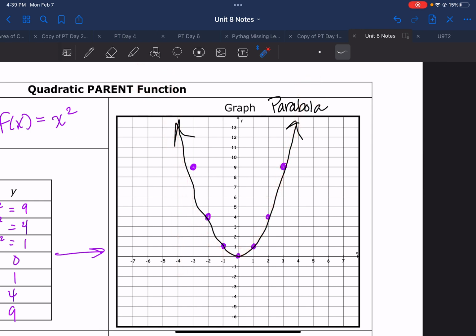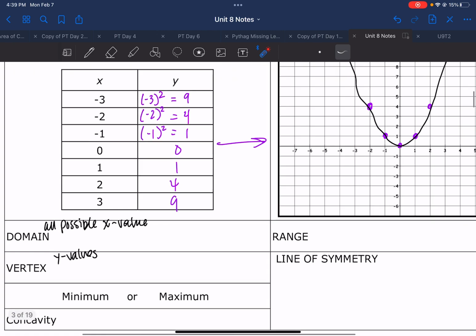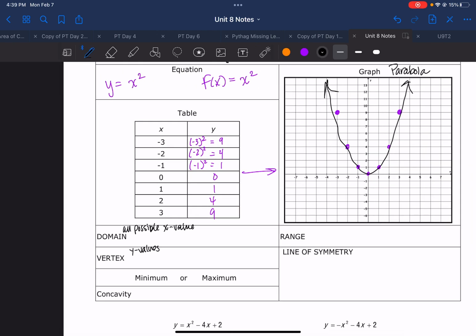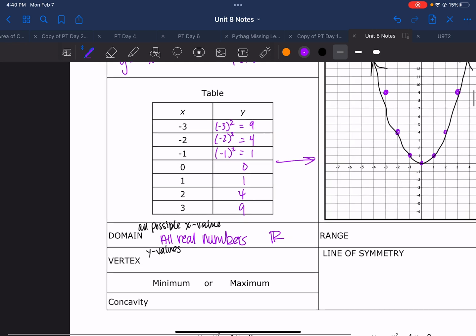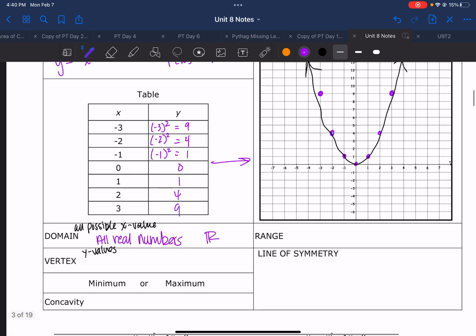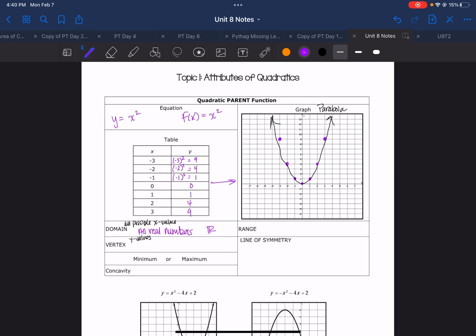So it goes forever to the left and forever to the right, which means it goes from -infinity to +infinity. And when we go from -infinity to +infinity, that is considered all real numbers, or this symbol right here. This will always be the case for quadratic functions. Your domain will always be all real numbers.